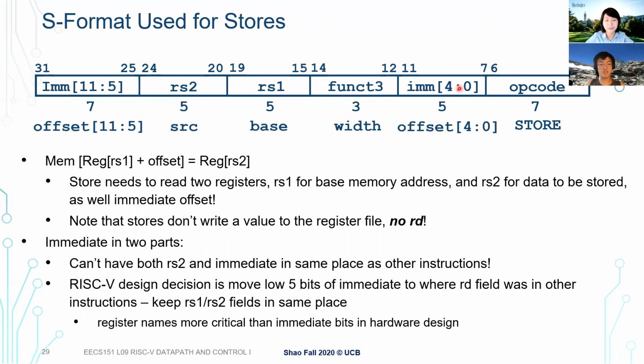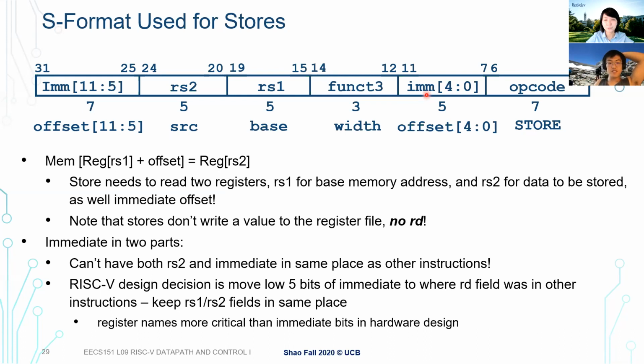You might be wondering, this is a very weird way of designing, storing our immediate, right? We're splitting it into two parts and they're so far apart. Why don't we just use RS2 to store the immediate, moving RS2 to where we used to store the destination? Well, that's back to some of the discussion we had in terms of implementation complexity.